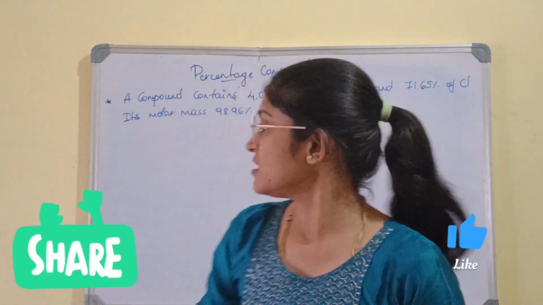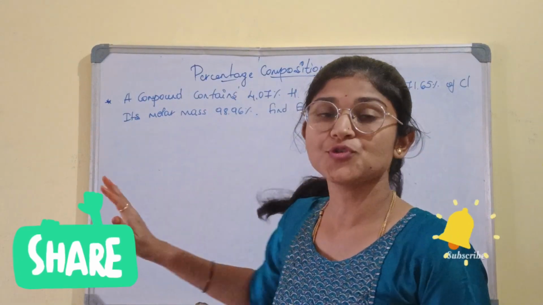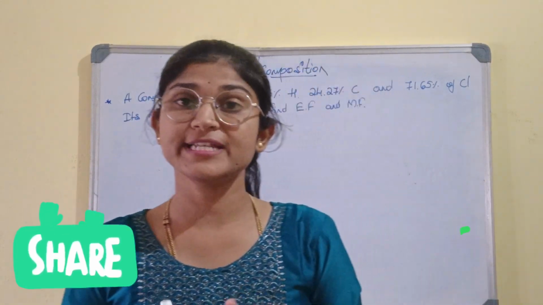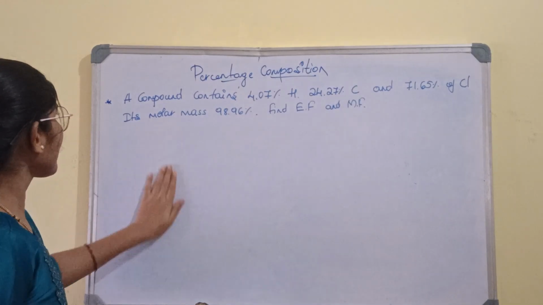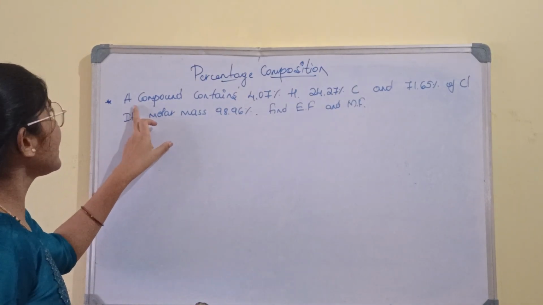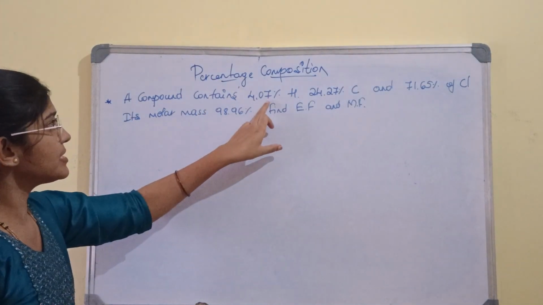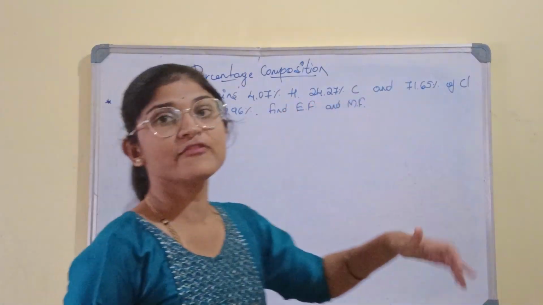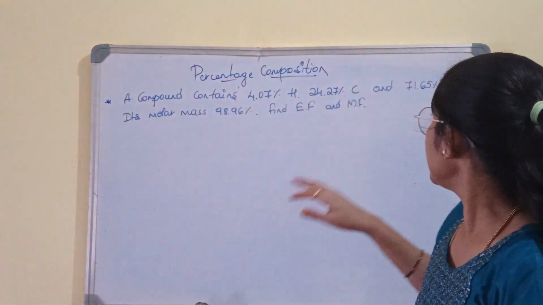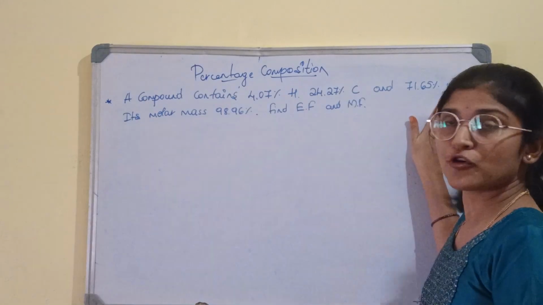Here we have taken one problem to find the empirical formula and molecular formula. What is the question here? A compound contains 4.07% of hydrogen, 24.27% of carbon and 71.65% of chlorine.